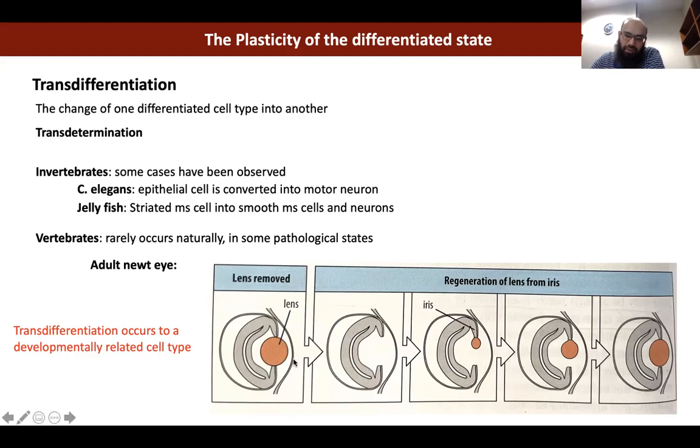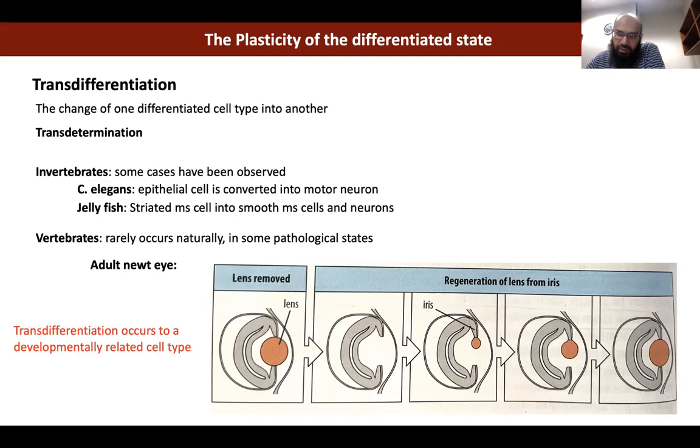So here it's very important to understand that the multipotent stem cells from the iris, these pigmented epithelial cells, had the capability to differentiate into lens cells, which is a developmentally related cell type.